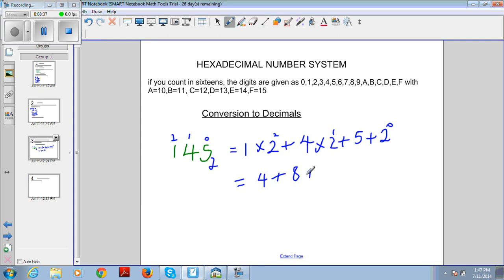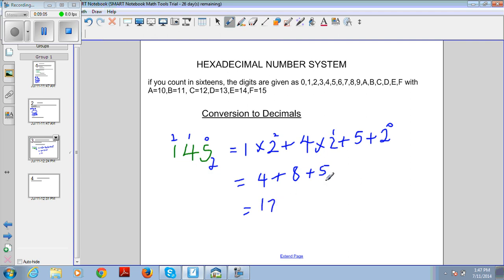Put down your multiplication sign. 5, 2 raised to power 0 is 1 times 5 is 5. So 8 plus 4 is 12. 12 plus 5 is 17. So you put down your results here.